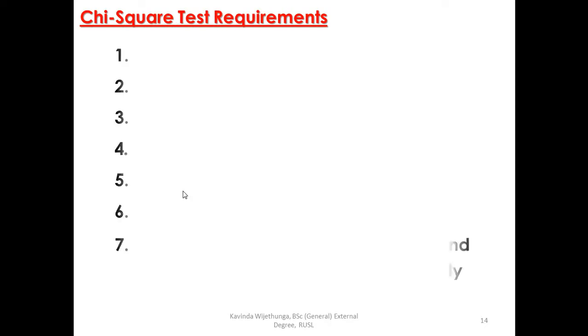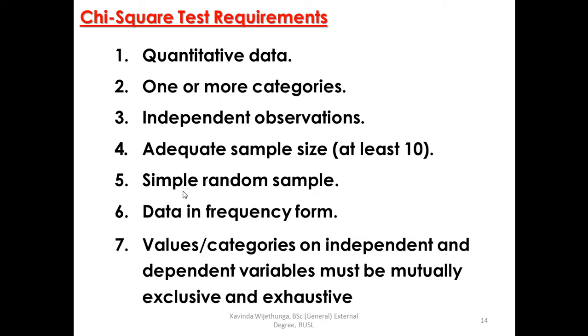Chi-square test requirements. These are the requirements. Quantitative data: if you take a qualitative measurement, you have to convert it into quantitative data, otherwise you can't perform the chi-square test.